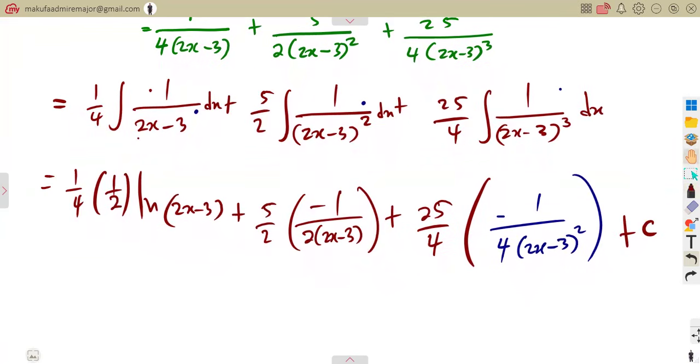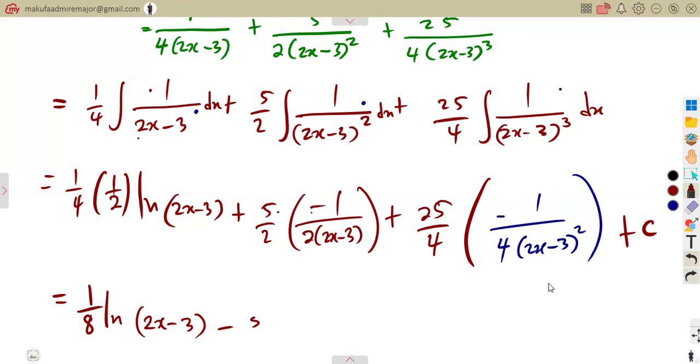So now we're just going to combine and see 1/2 and 1/4 and 1/2. That is 1/8 times the ln of 2x minus 3. If you multiply this one and this one, that's minus 5 over 2 times 2, which is 4.